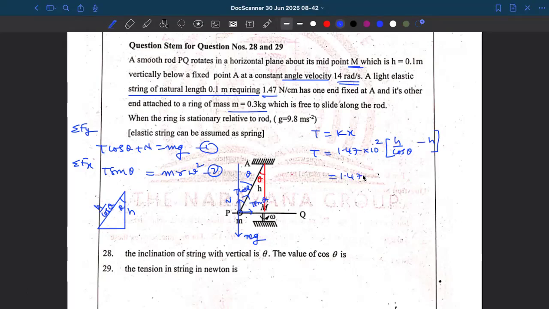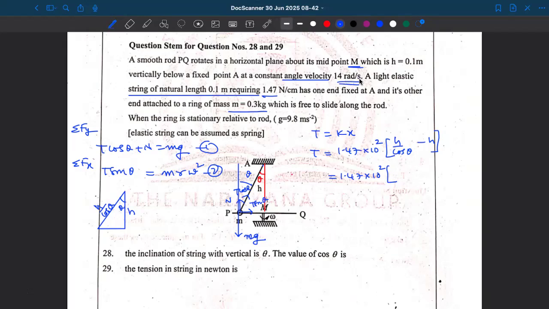So 1.47 into 10 square into the tension in the string, H by cos theta, minus H. But how do I know cos theta, by the way? So what are the unknowns in this? Tell me. They have given some radius factor for you here.